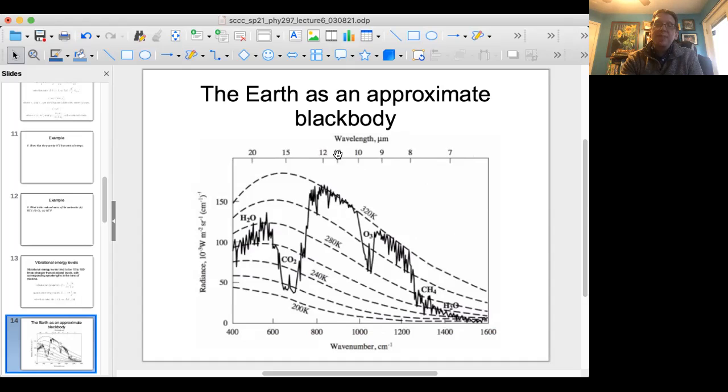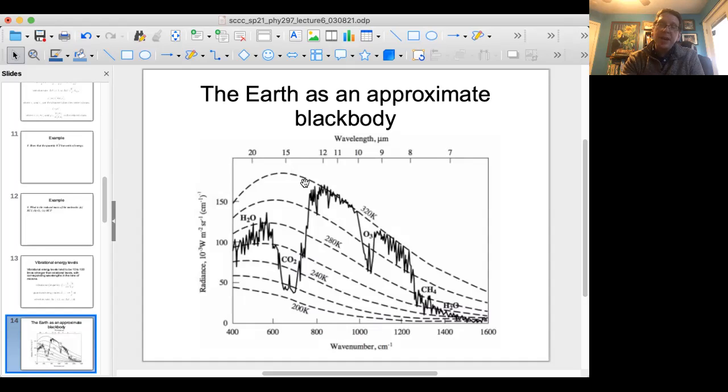At 10 to 11 microns, there's very little absorption, and that corresponds to what's called the atmospheric window. A lot of satellites have a channel at that wavelength, so you can observe radiation coming directly up from the Earth's surface, and that serves a very important function.